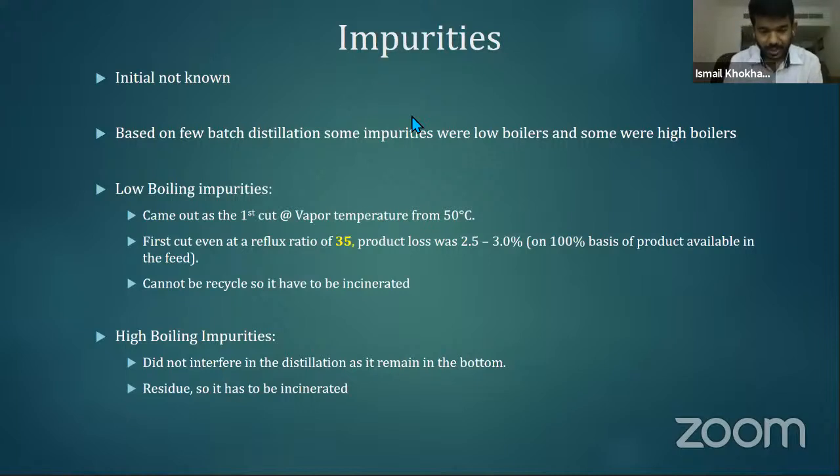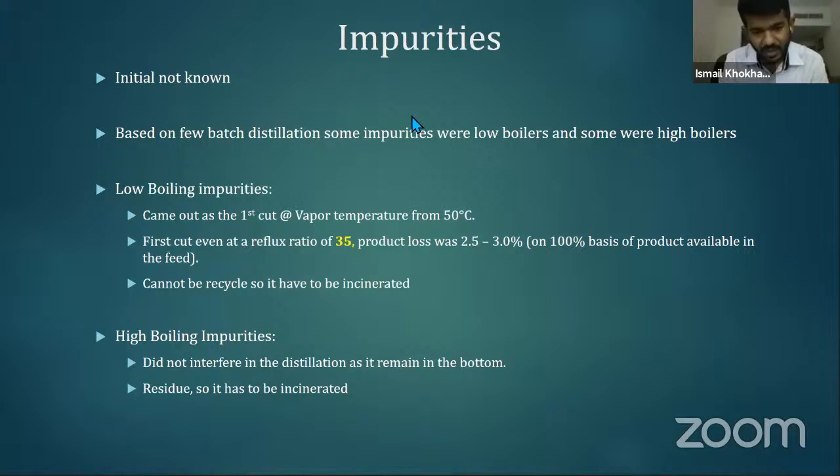So your heat load, the cooling capacity, everything increases, and the capex increases. So it is not viable to run a distillation column above a reflux ratio of 3. In some cases, for critical compounds, a reflux ratio of 5 can be approved. But a reflux ratio above 3 is not suitable from an economic point of view.